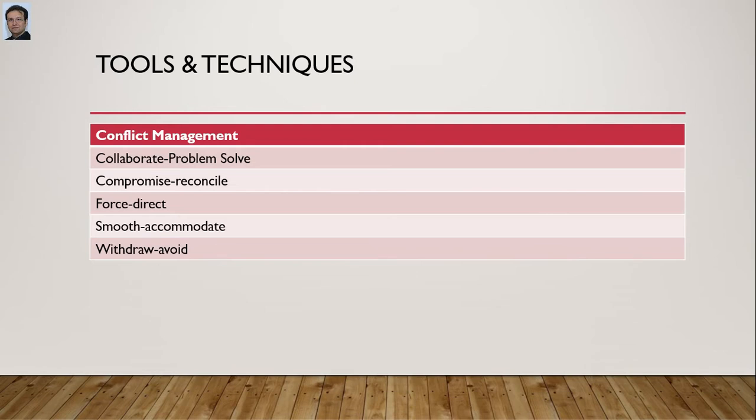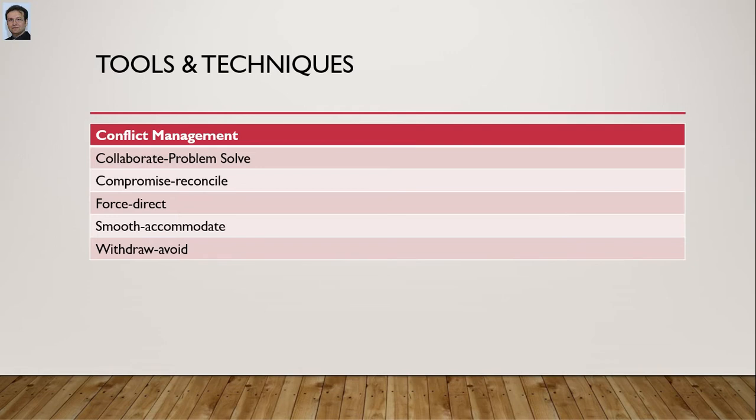Third is force, direct. It's when someone in power makes the decision regardless of others' viewpoints. This is typically a win for the project manager or some team member and a lose situation for the opponent. And it's not encouraged in conflict management. Another is smooth, accommodate.